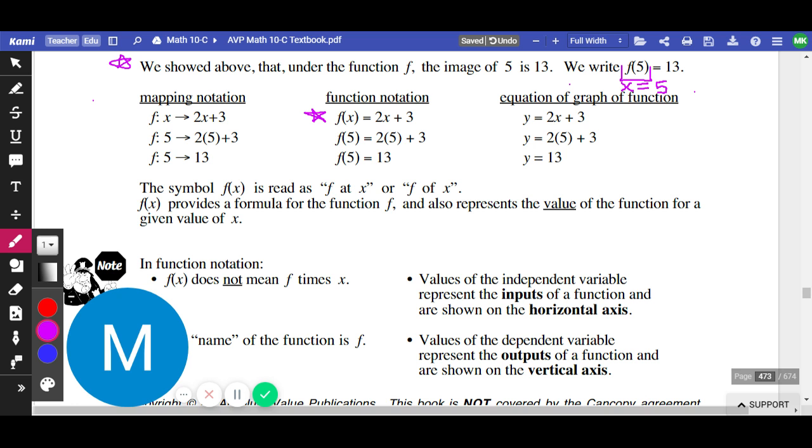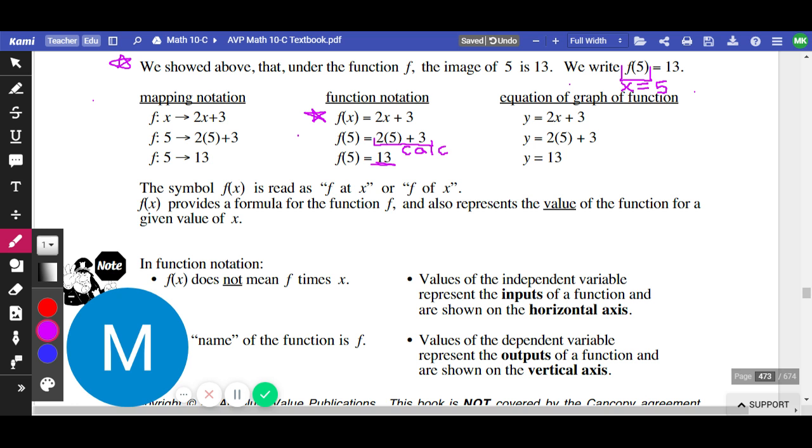When you do that, you should be left with something that you can put right into your calculator. You put that in your calculator, it equals 13. That means when you have an input of 5, you get an output of 13. That's all we're doing. It's just a fancy way of being able to change x's and y's.